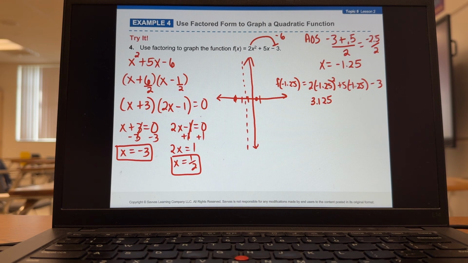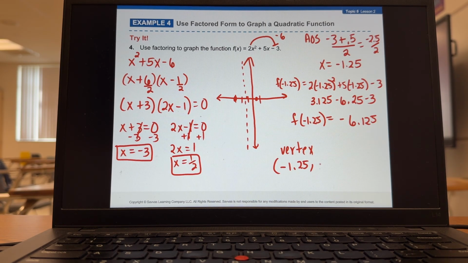Positive 5 times -1.25 is -6.25. And when I add all of those numbers together, I get -6.125.